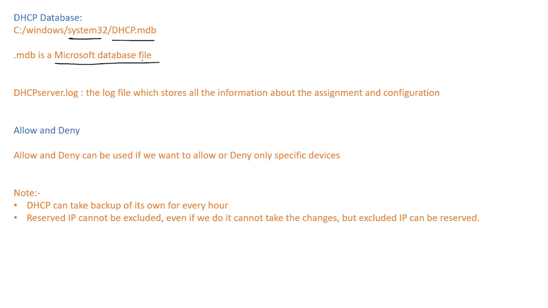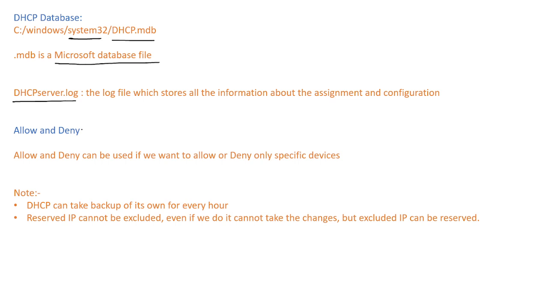The logs sit under the same place, system32/DHCP server.log. Who has got which IP address, what time the lease happened, what time the lease expired, all the logs are stored in the DHCP server log, and that is useful for troubleshooting.